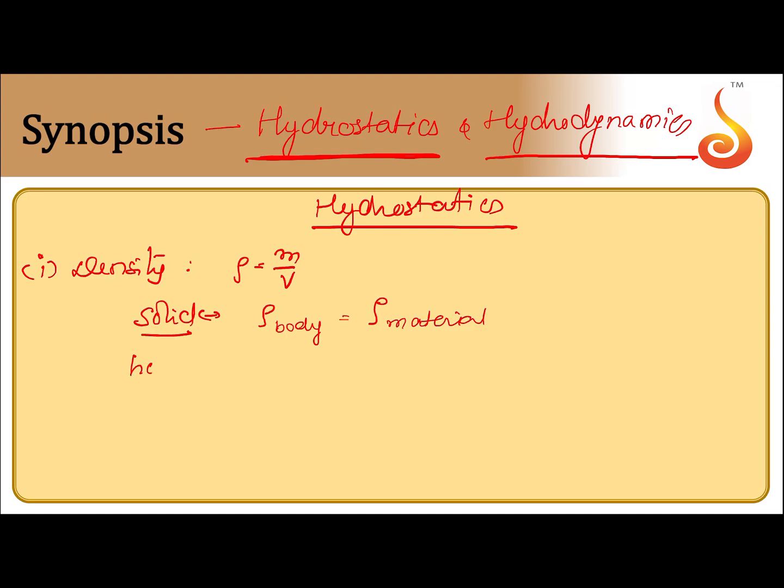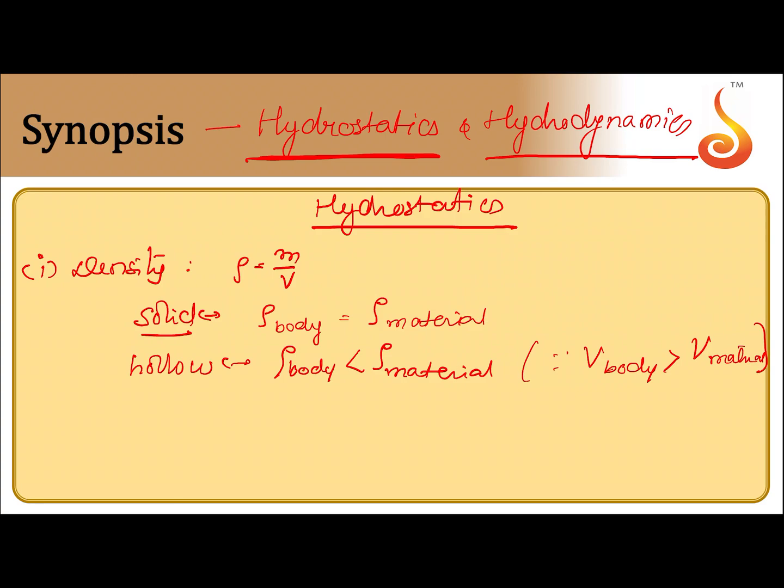While for a hollow object, density of the object or density of the body is generally less than density of the material from which it is made of. This is because volume of the object, that is body, is greater than the volume of the material from which it is made of. Simple idea.